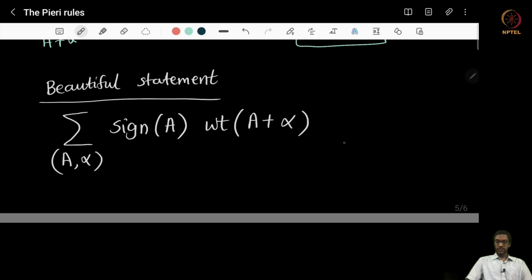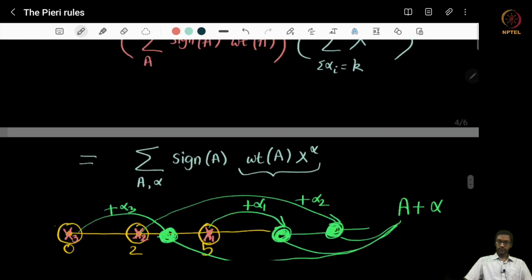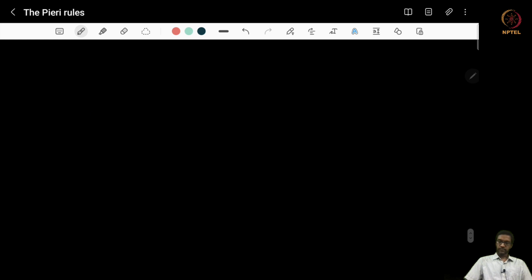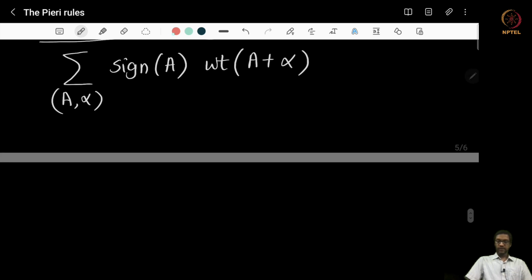Okay, this sum, don't look at all the pairs A, alpha which appear. So which pairs am I looking at? I only want to look at pairs A, alpha which collide.